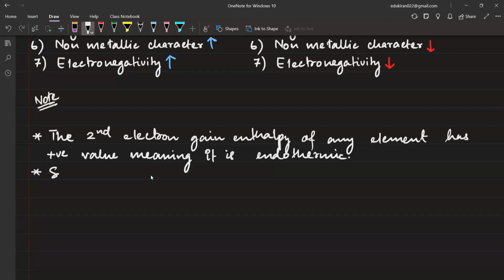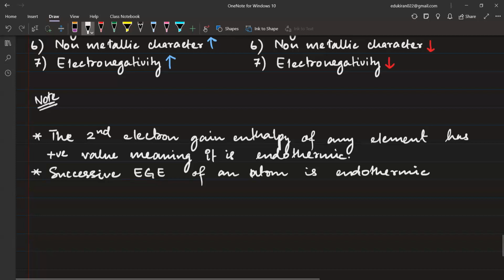So you can also write successive electron gain enthalpy of an atom is endothermic. Only the first one is going to be exothermic. That means it is going to have a negative value.